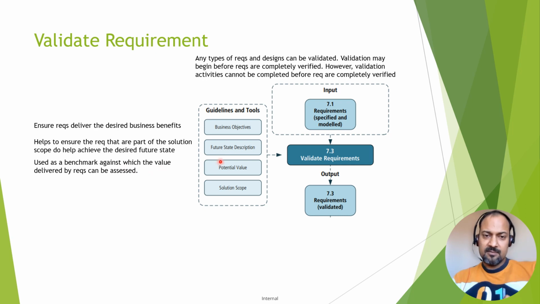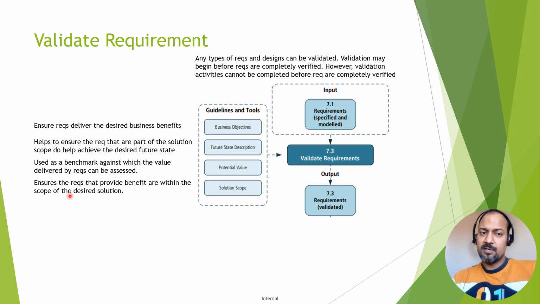So once you are in the future state, or you have handed over the application to the end users and they have started operating that application, during that period of time you might have already set up some benchmark against which the value delivered by the requirements can be assessed, and that defines the potential value.